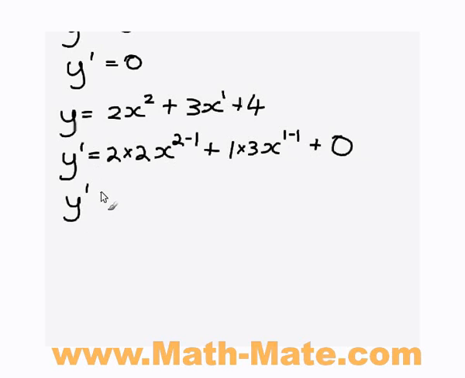So if we multiply this out, we've got 4x to the power 1, which is just 4x, plus 3, because we've got 3 times x to the power 0, which is just 3 times 1, which is 3.